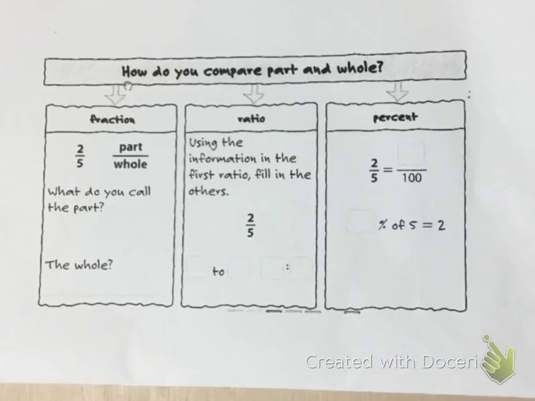So it says 2/5, and it says part to whole. So the 2 is the part, the 5 is the whole. So out of 5 pieces, 2 of them are something. So what do you call the part? Well, in a ratio or a fraction, it plays the role of the numerator.